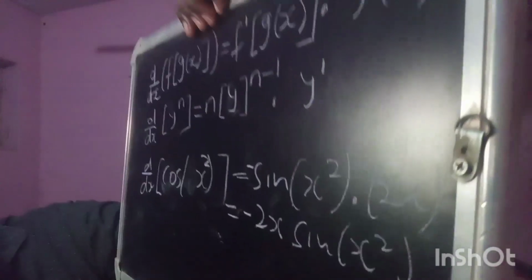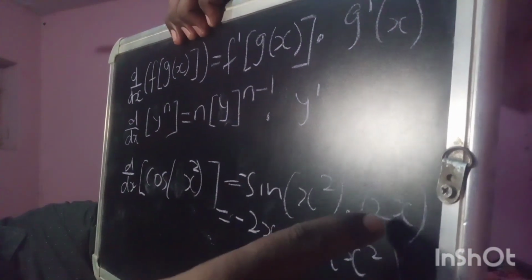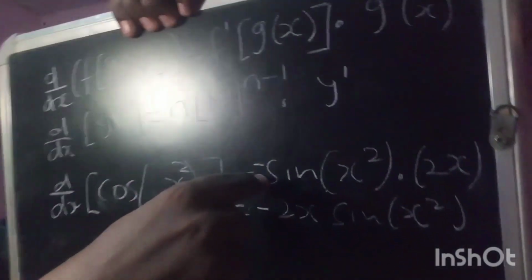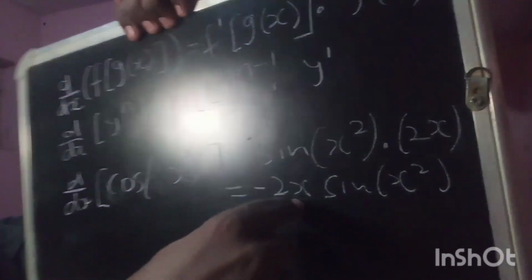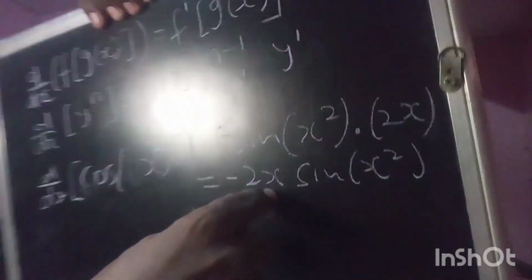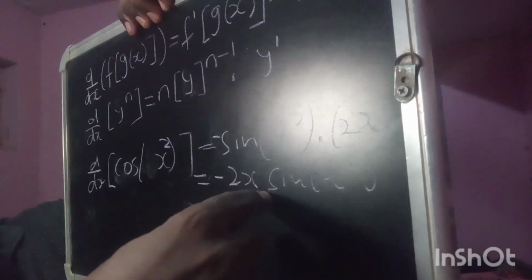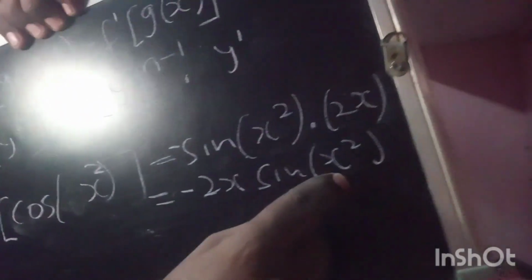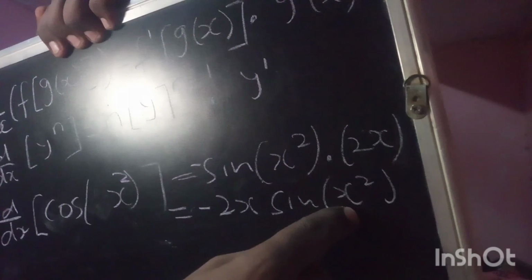I don't know whether you are seeing this. Then you multiply, and we have minus 2x sine x squared as the answer.